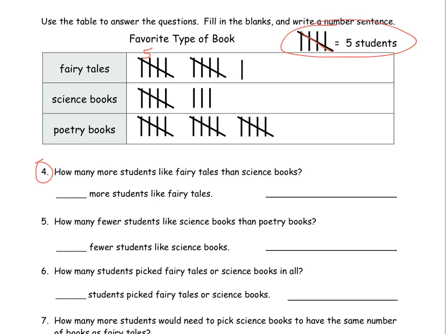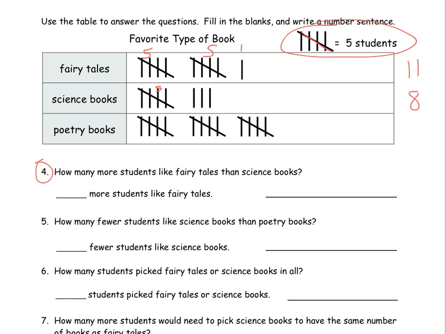So I have 5, 5, and 1, 5, 10, plus 1 is 11. And then I'm looking at science books, 5, and then 6, 7, 8. So how many more students like fairy tales than science books?